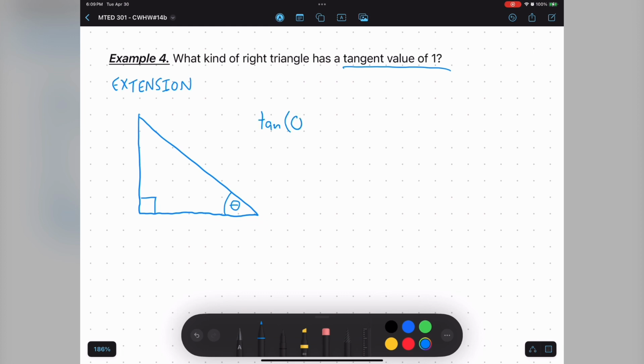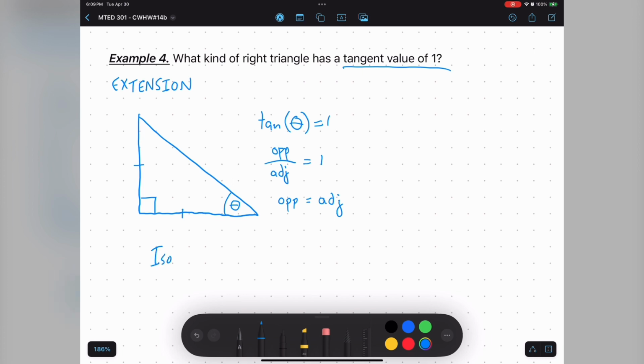So we know that the tangent of theta is equal to 1. Now we know that the tangent is equal to the opposite side over the adjacent side, and that's equal to 1. So that means our opposite side has to be equal to our adjacent side.